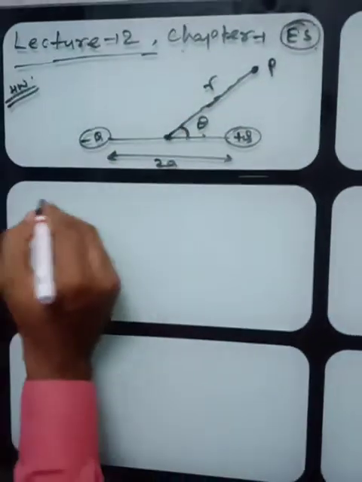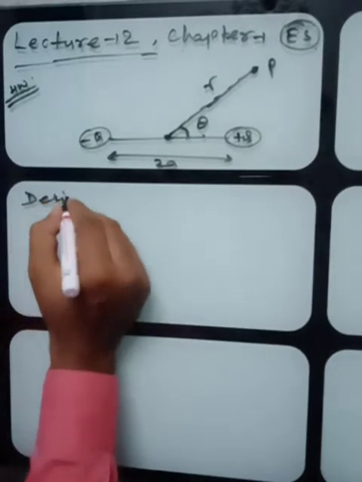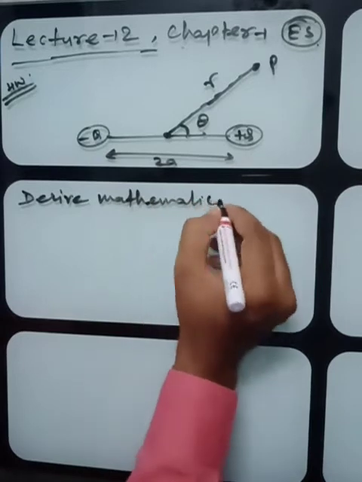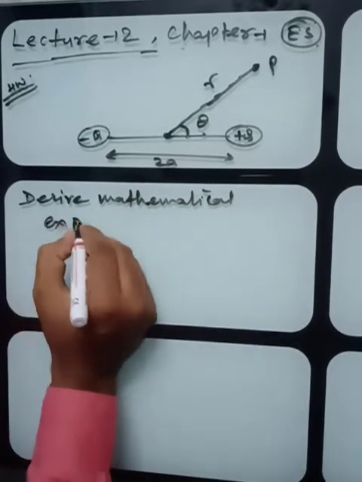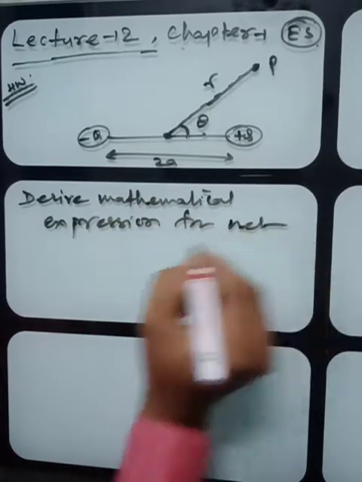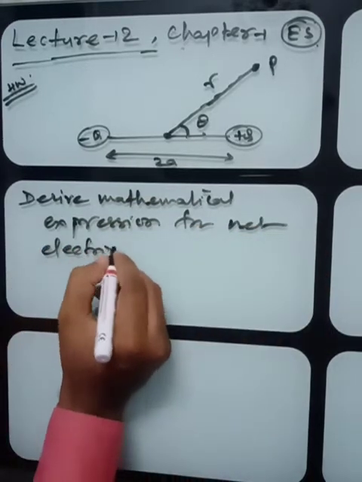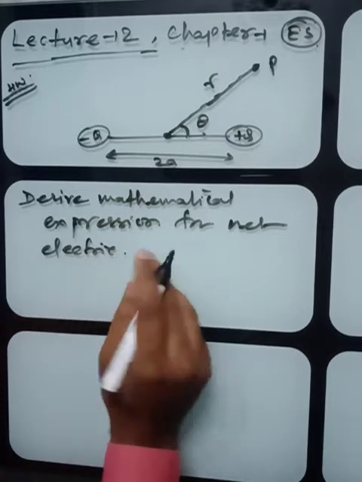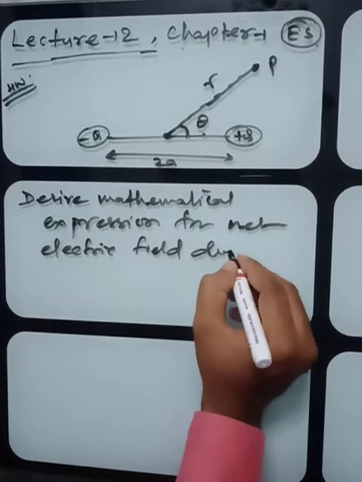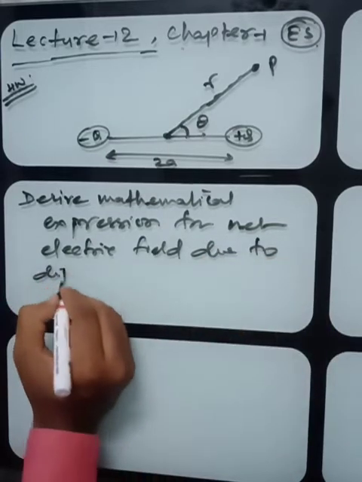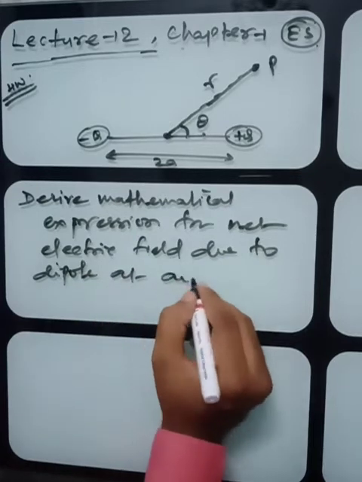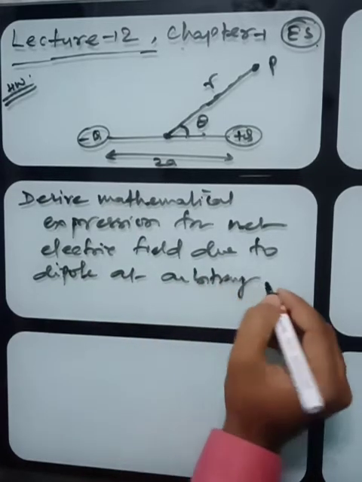You have to find the net electric field at P. The question will be: derive a mathematical expression for the net electric field due to a dipole at an arbitrary point.